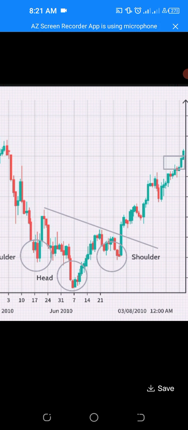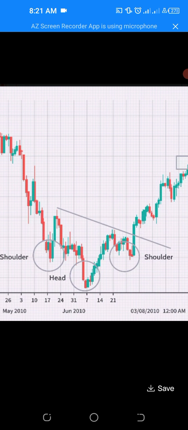Now, in the business of forex trading, as represented here, there are other situations that give different meanings also. But the one that we have represented here by a head is known as head and shoulder. You know, the head of the human being is higher in position than the two shoulders.